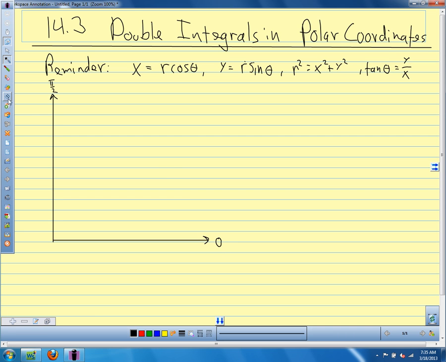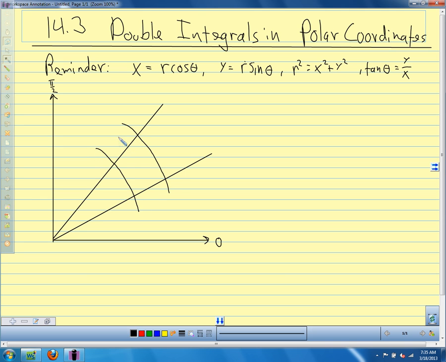So what we're going to do is take this and divide. We're going to draw a picture of a little region in polar coordinates. So we're going to look at this region.